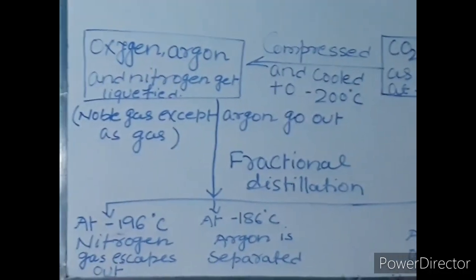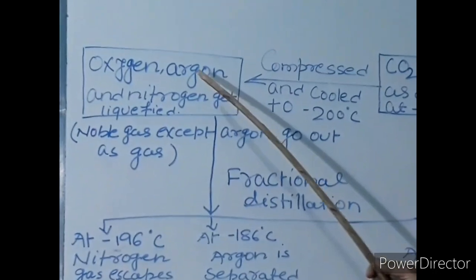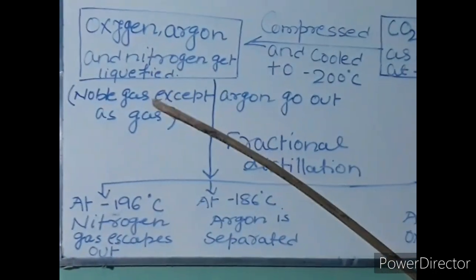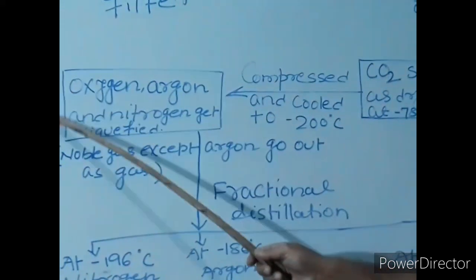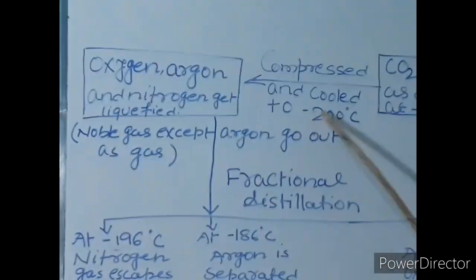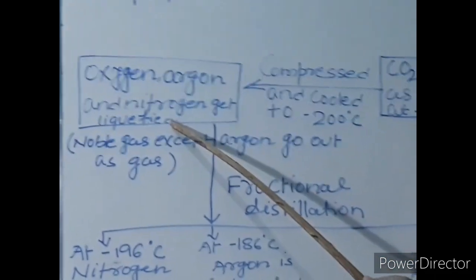So out of the 6, only argon converts into liquid; all the others are released in the form of gas. So in this mixture at minus 200 degrees Celsius, only oxygen, argon and nitrogen convert into liquid form.